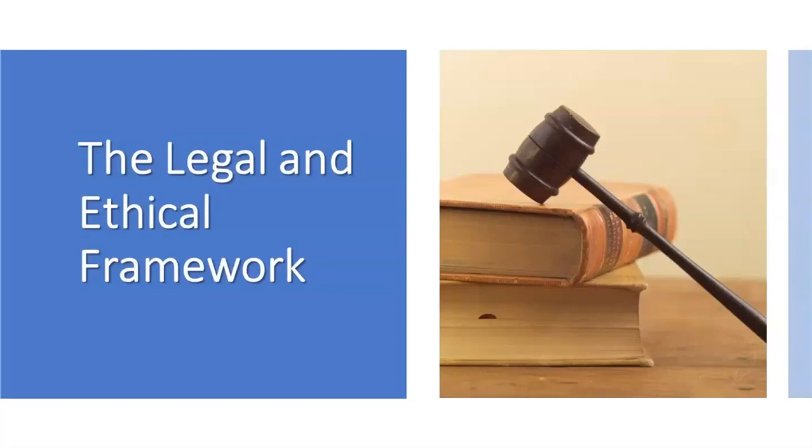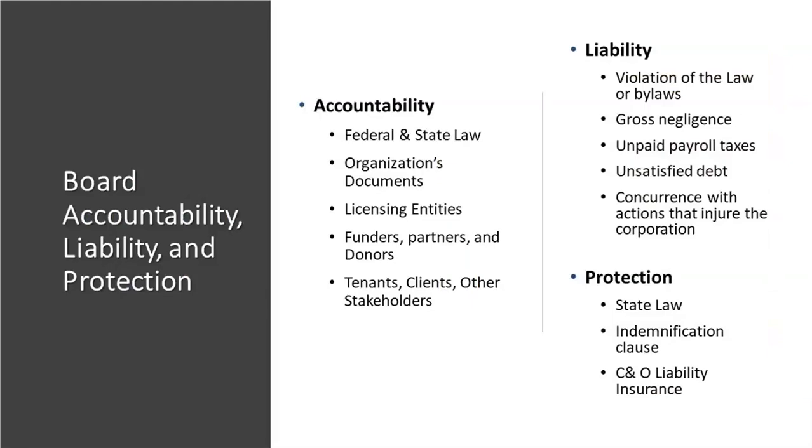We are accountable to, of course, the federal and state laws that frame us. We are also accountable to our organizations' documents like our bylaws and articles of incorporation. We're accountable to funders and partners and donors. And of course, we're always accountable to our stakeholders, our employees, our clients, our tenants.